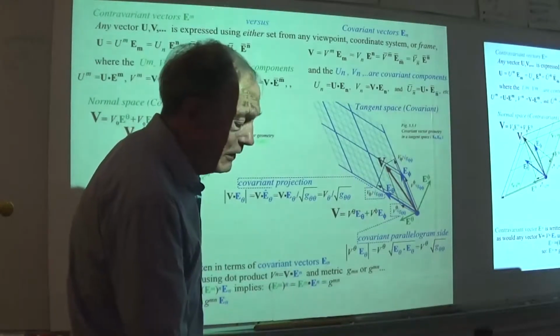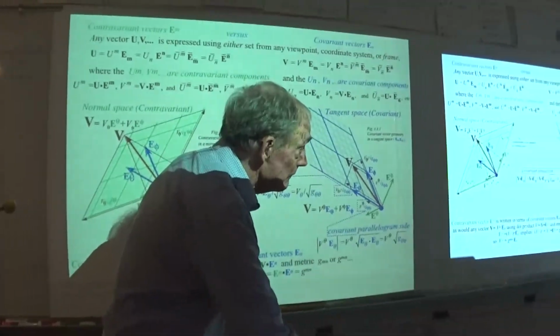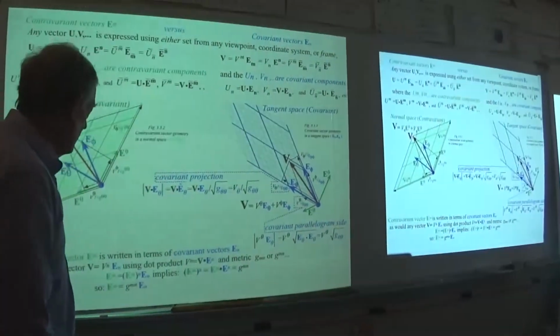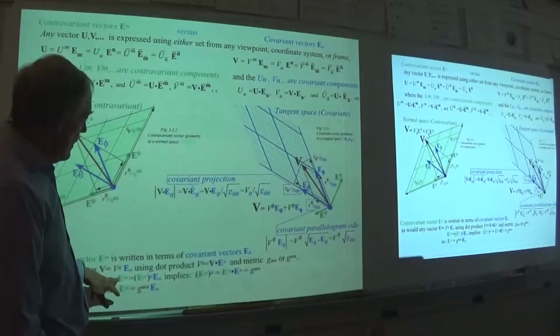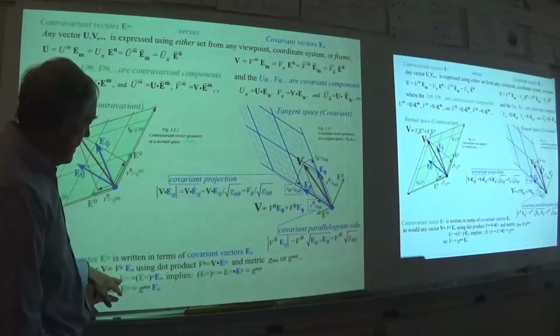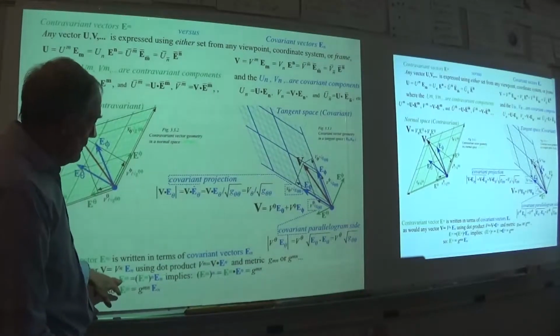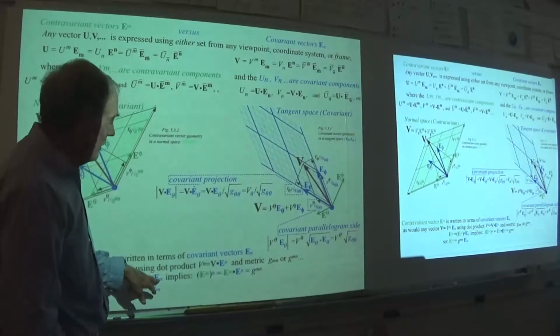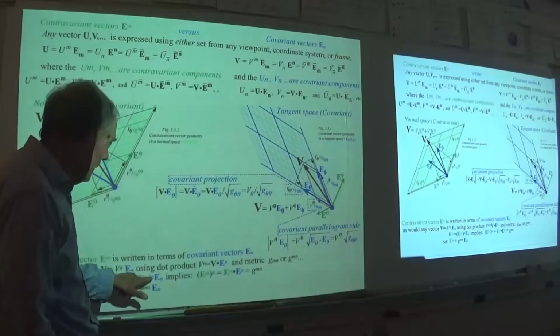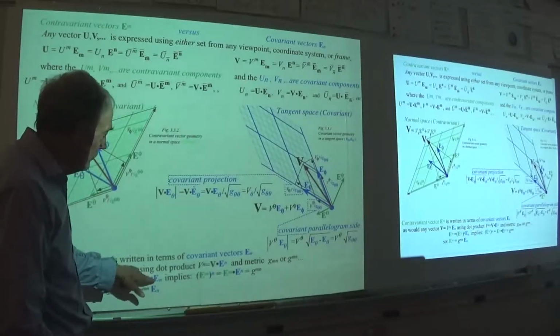This is a little aside, but it's an important one, so let me make that fairly clear. What I'm trying to write here is that I can write any vector in terms of some number and then a covariant vector, summed over the n's. Now here's the dummy sum rule at work.